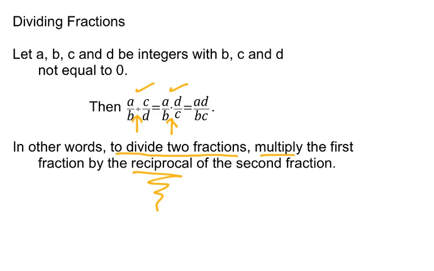So that's the origin of that definition, which we're familiar with, but knowing where it comes from, I'm hoping will be a positive thing. Let's look at a couple of examples of this to make sure that we're okay. So suppose we want to divide 22 over 25, 22 25ths, divided by 33 20ths.